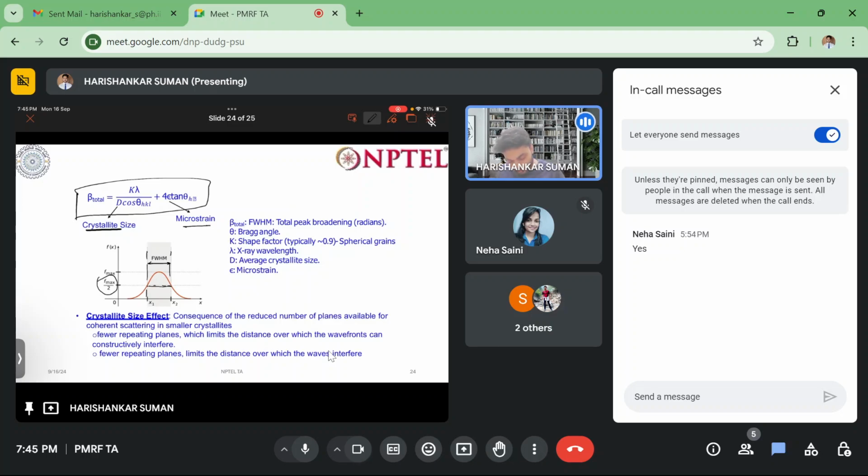Theta is the Bragg angle. K is the shape factor, typically 0.9 for spherical grains. Lambda is the X-ray wavelength. D is the average crystallite size. Epsilon is the microstrain.